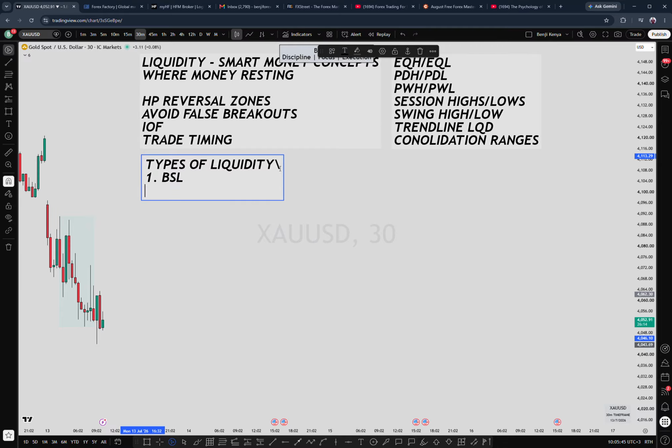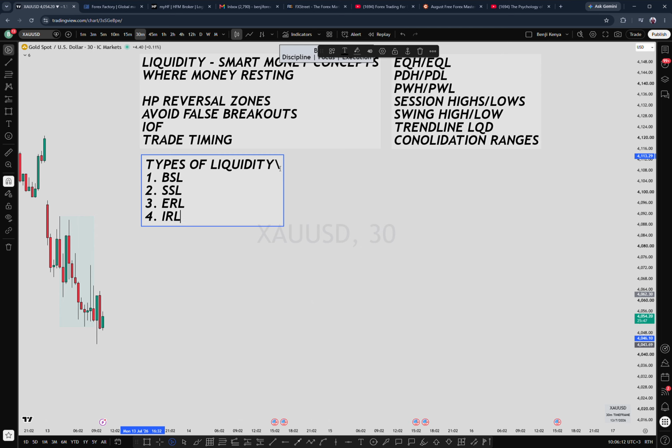Number two, we're going to talk about sell side liquidity. These are ICT concepts, which are very important. From that, we're also going to talk about ERL, external range liquidity, and also internal range liquidity.